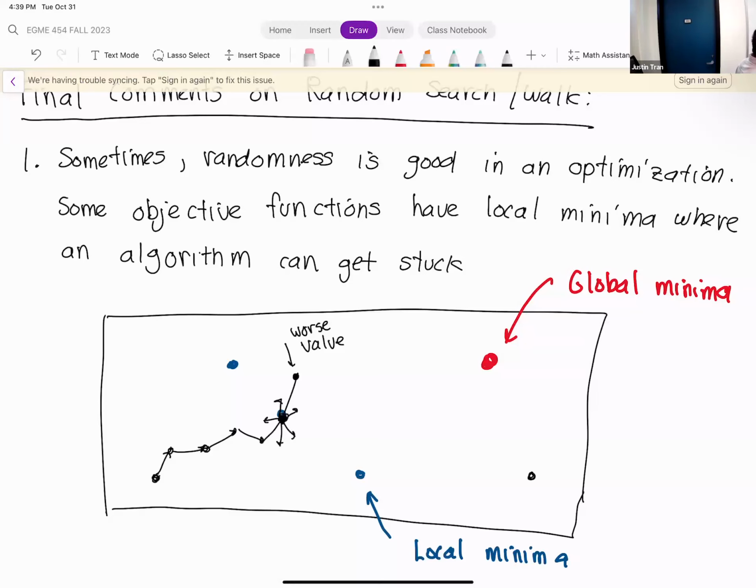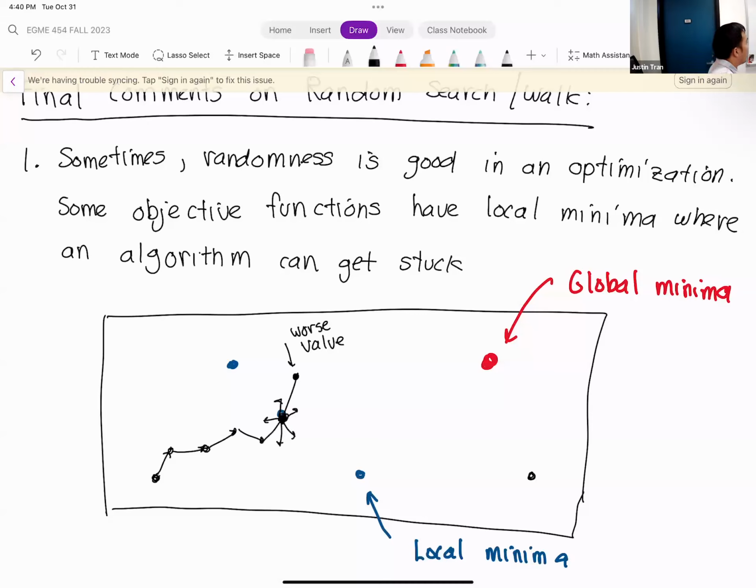Okay. And I would say that in almost every other engineering discipline, every other engineering class that you're taking, randomness is generally a bad thing. Doing random stuff is not going to be a productive way to approach an engineering problem. But in optimization, doing random stuff actually can help sometimes.